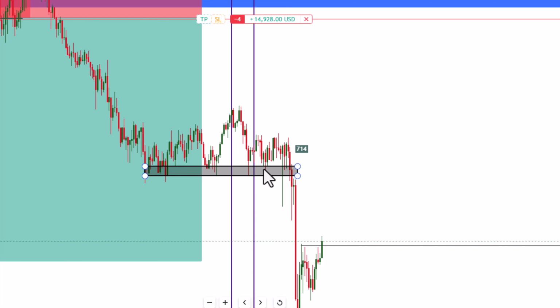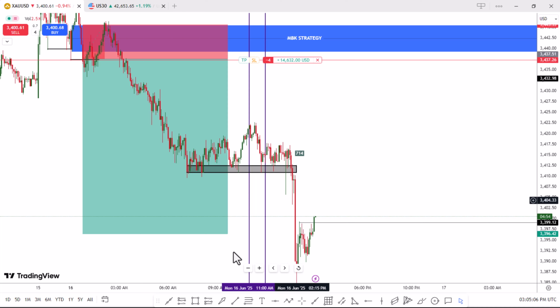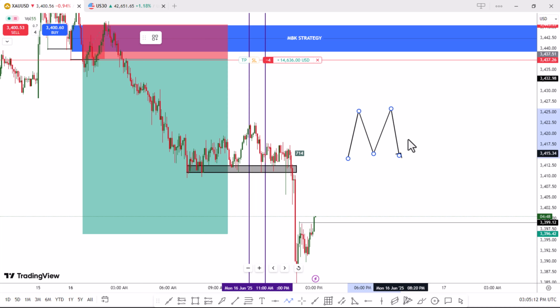Now, when you look at this range, you can see the price consolidated for a little while before actually dropping. My trade was around somewhere here because I wanted to see a rejection back to these highs before I executed my trade. But that was it. Very simple, right? All price did was just consolidate on the 714 method and finally break through it.